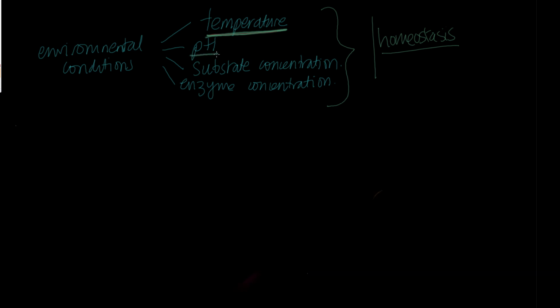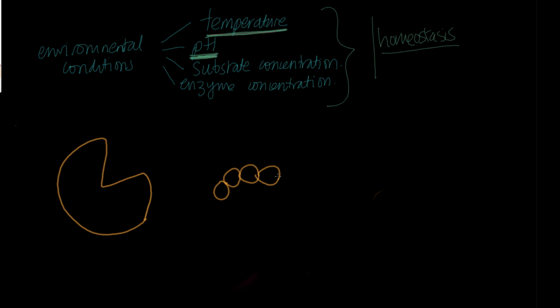Now let's look at pH. Here's our enzyme here. The way that pH is going to work is it's going to influence the bonds between our amino acids. So if you remember, our enzyme is a protein, which is a polypeptide chain folded up, and there are bonds holding the folded up shape together.